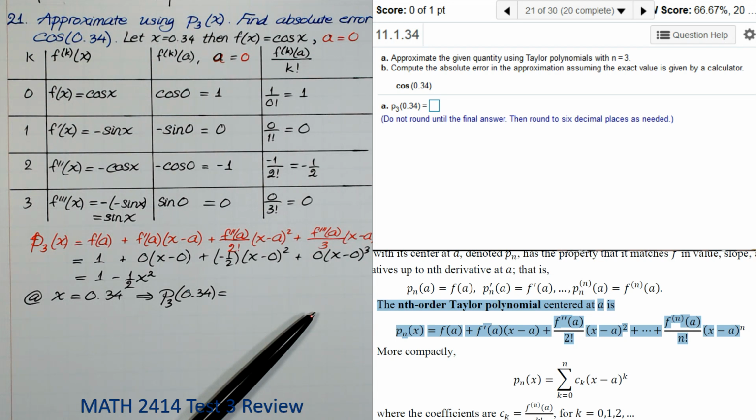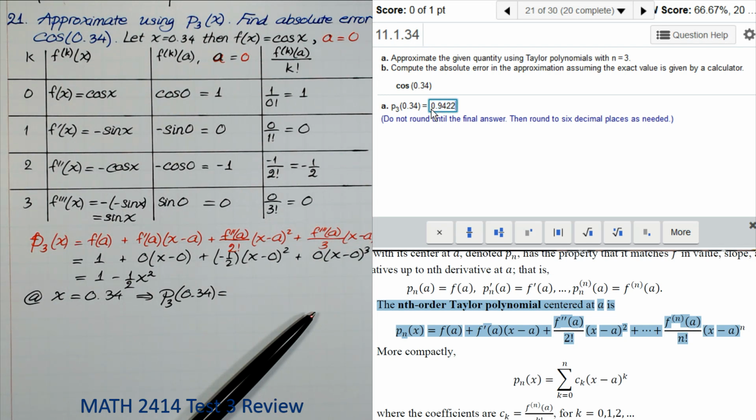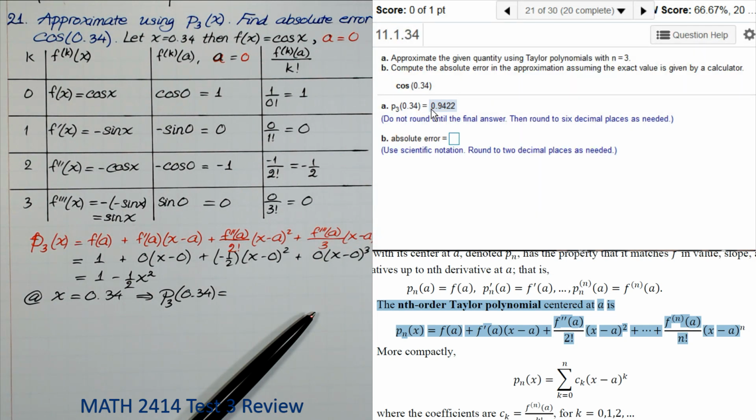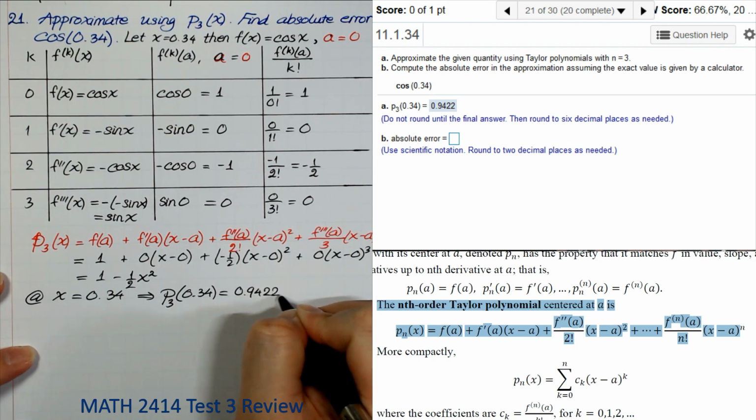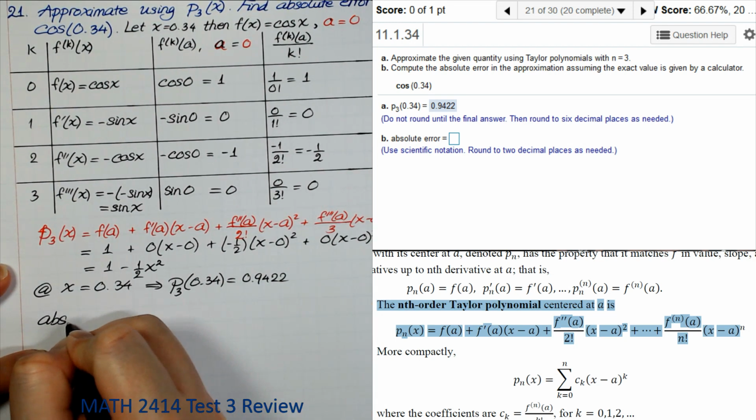Okay. And then we're going to take cosine the actual values. And then absolute error.